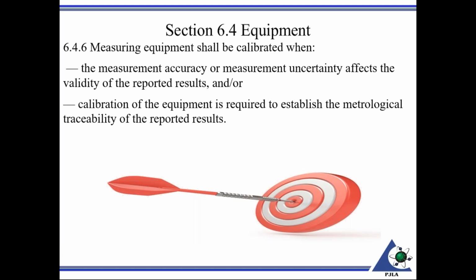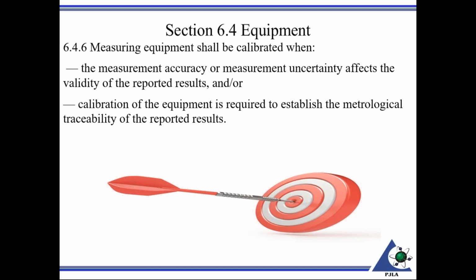We talk about calibration. Most equipment, of course, I'm assuming you have calibrated prior to putting it in service. However, it is required to be calibrated when the measurement accuracy or measurement uncertainty affects the validity of reported results.